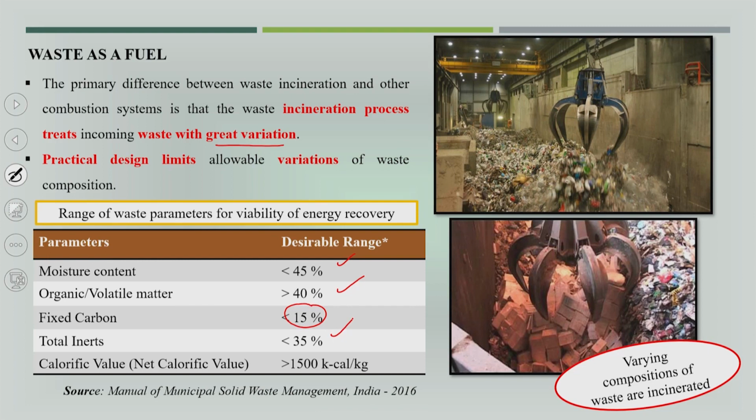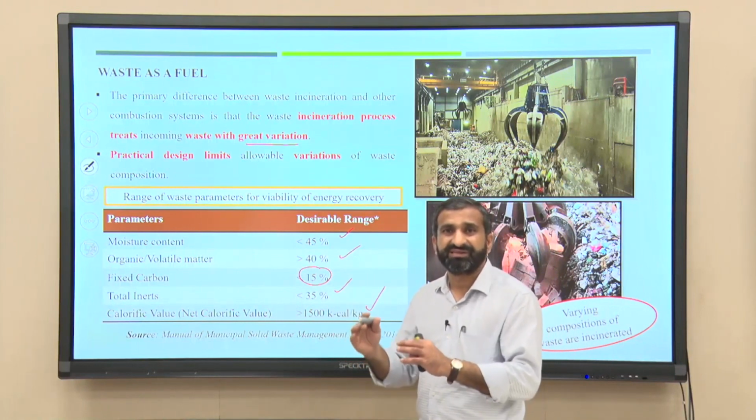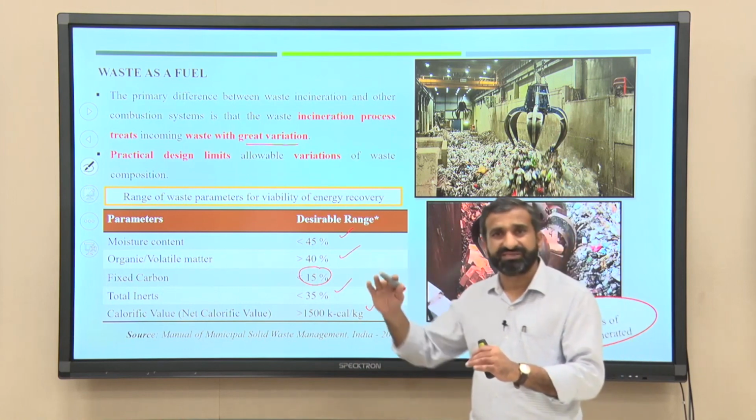Why? Because in India, if you see the characteristics, a lot of inert content comes into the final waste. Especially the calorific value is one of the important parameters and should be more than 1500 kilocalorie per kg. This calorific value is possible only when the dry amount, especially the paper percentage, plastic content, or whatever combustible material, is very high.